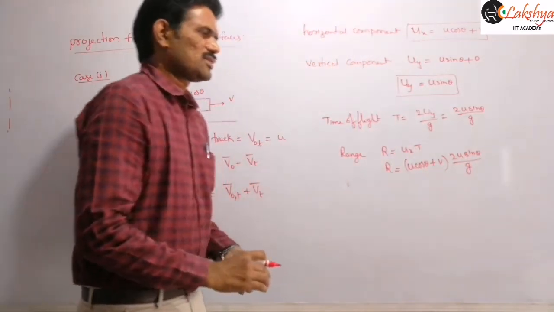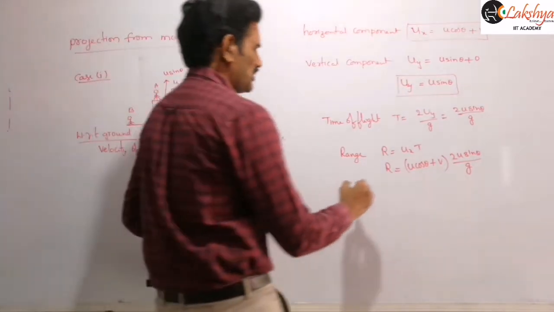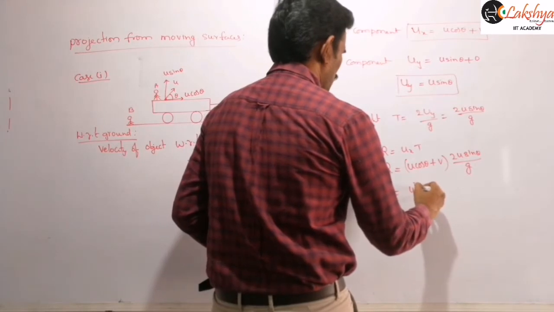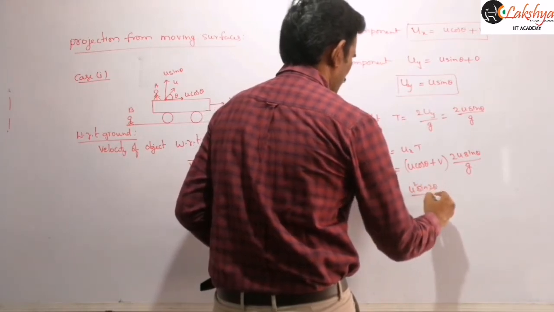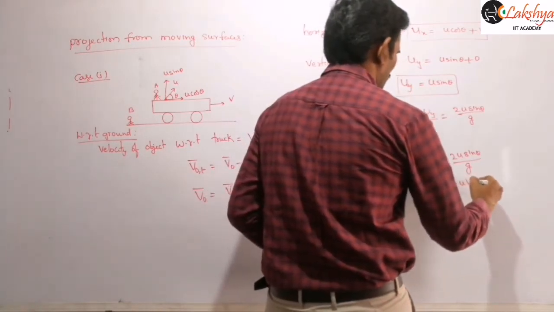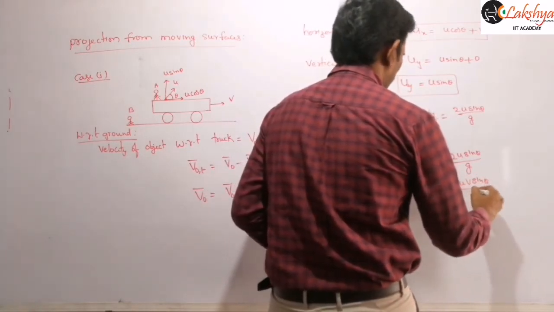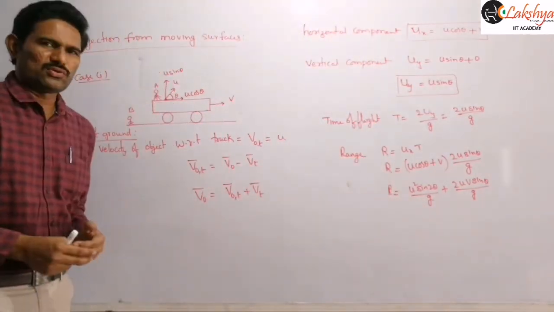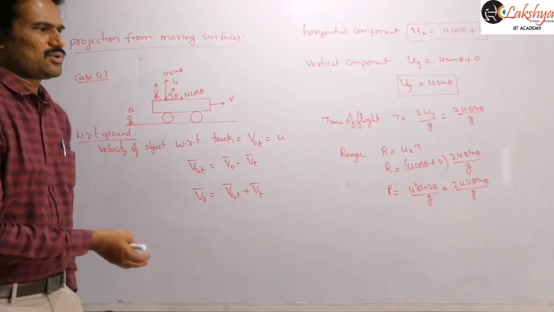That means if numericals are given, you can simplify this further. Therefore this expression you can write as u square sin 2 theta by g plus 2u v sin theta by g. So that is our range with respect to the ground when you are observing.